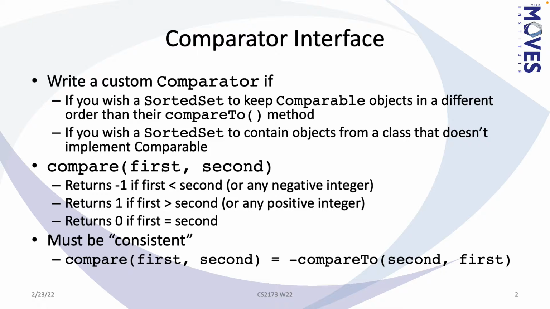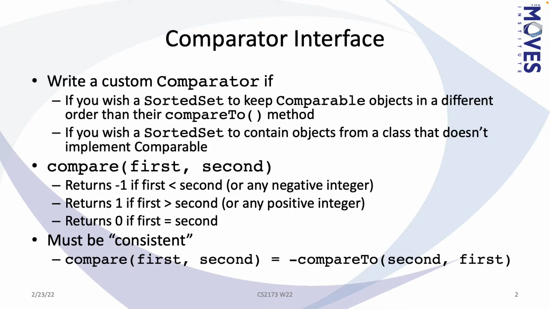The idea is that there's an interface called sorted set, which is a type of set. And like all sets, it can only contain unique items. What is meant by unique is a combination of the equals method and the hash code as far as sets go, as we've seen with the hash set.